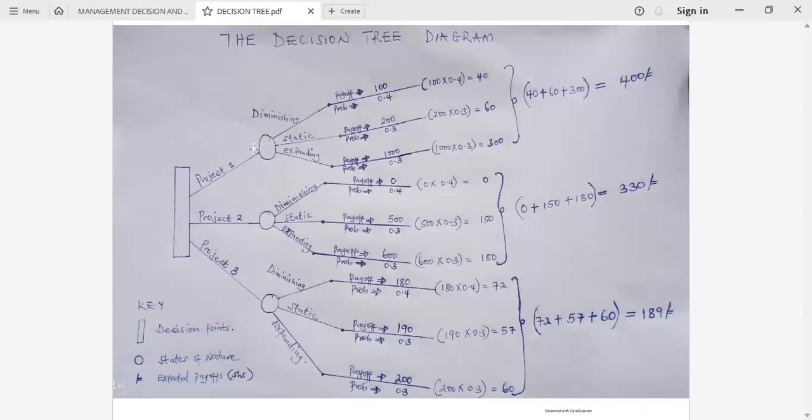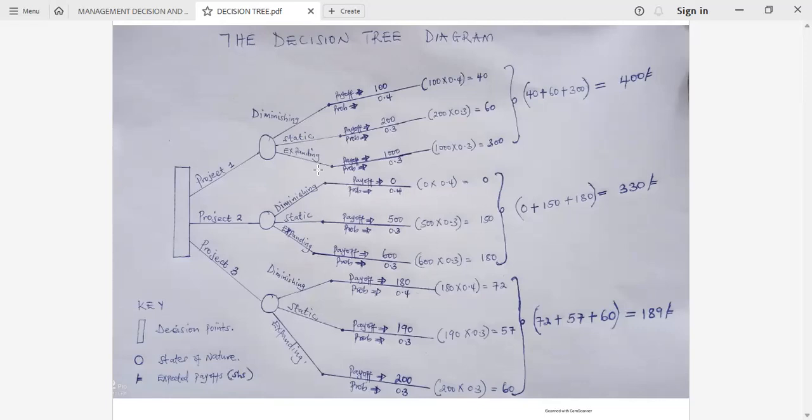There are 3 different states of nature for project 1, even for project 2, and project 3. That's why we have one circle representing the different states of nature: diminishing, static, and expanding.